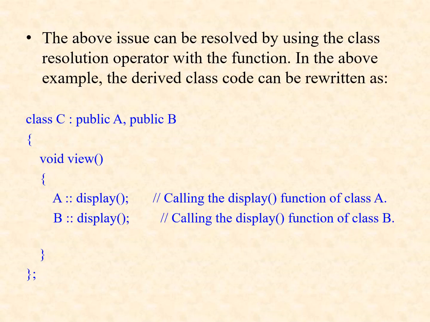The above issue can be resolved by using the scope resolution operator with the function. Here we are calling the function with the help of the base class name, the scope resolution operator, and the display function. If we call it like this, we will not get the error.